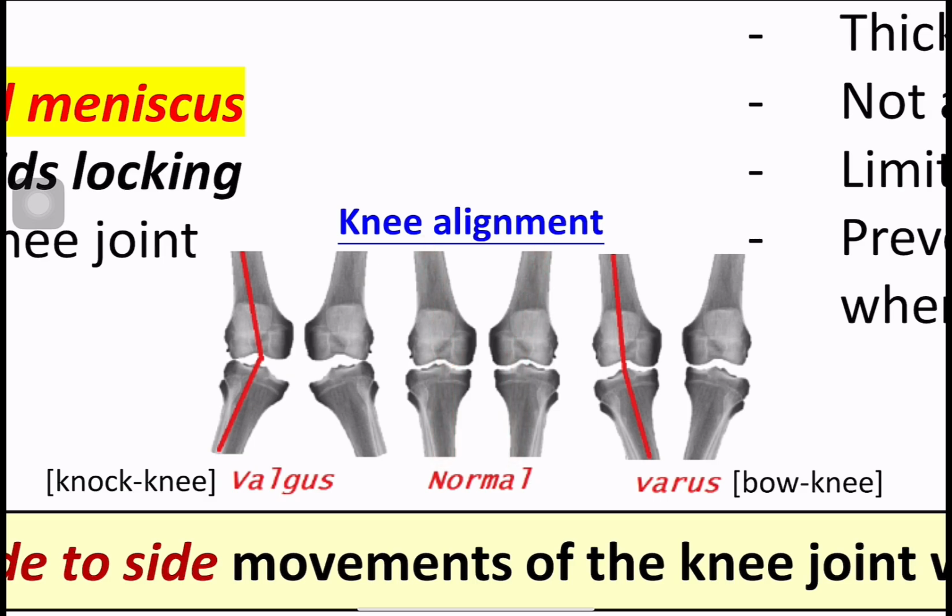Now, what happens when the knee is misaligned? We describe the forces acting on it as either valgus or varus. Okay, let's take a look. The valgus force is a force applied laterally, and it creates a knock knee appearance.